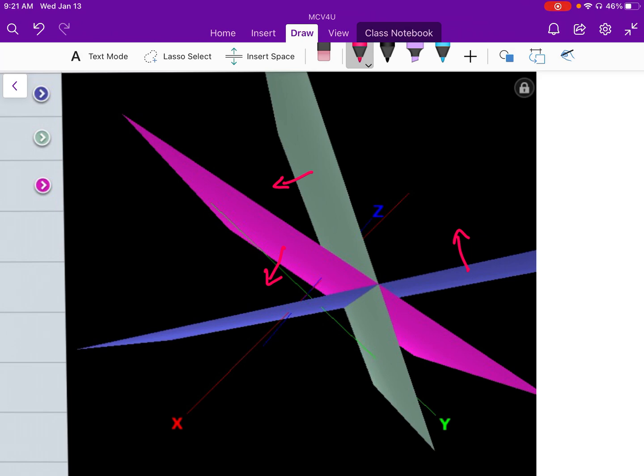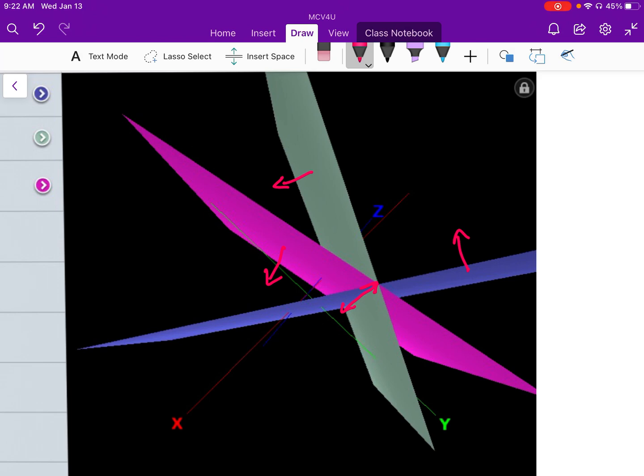In the first four cases that we're talking about, this one included, all of the normal vectors are coplanar. We can draw them on the same plane. Now we get this line of intersection between the planes.